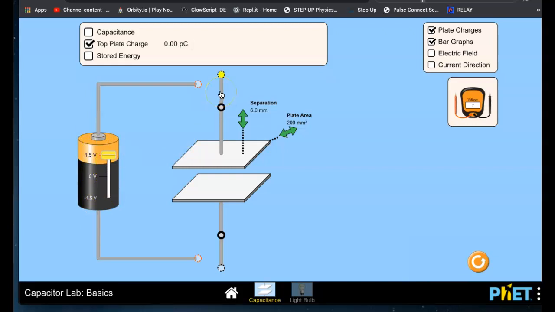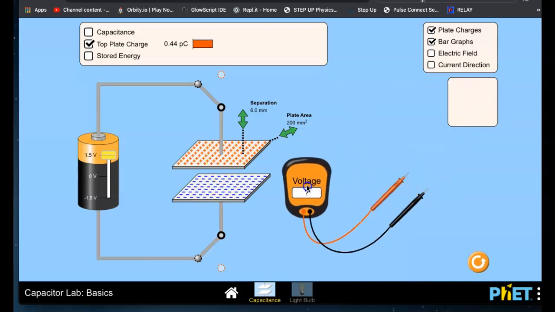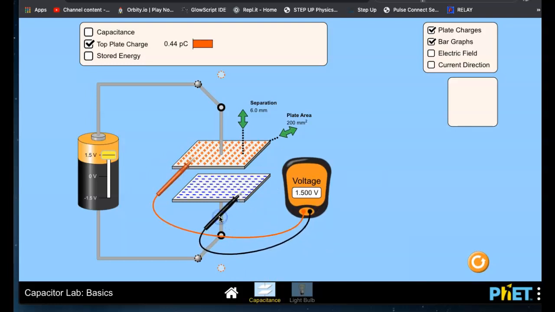So if I were to connect the top and bottom of the plates to the top and bottom of the battery, we would see that the charge from the top of the battery is able to move into this plate, and then the charge from the bottom of the battery is able to move into this plate. So now the plate itself has a voltage of 1.5 volts from the top to the bottom.